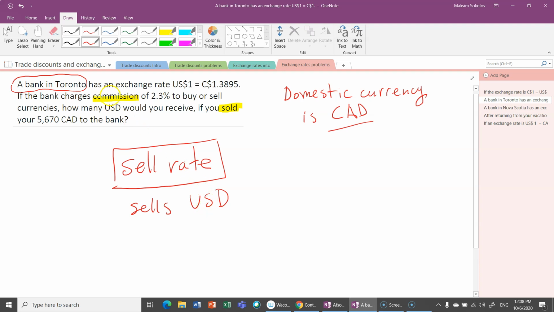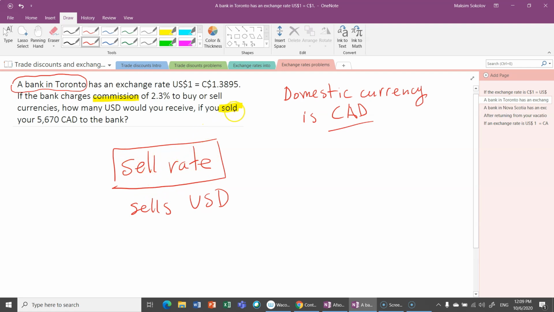In this case, the foreign currency is USD, and therefore the bank sells USD to you. And that's what we call sell rate. So sell rate is the term which is only valid from the position of the bank.